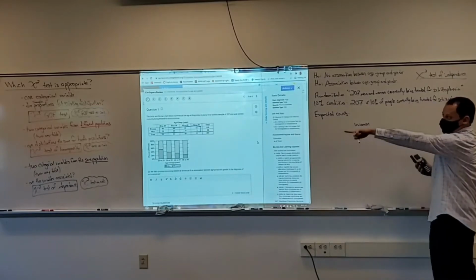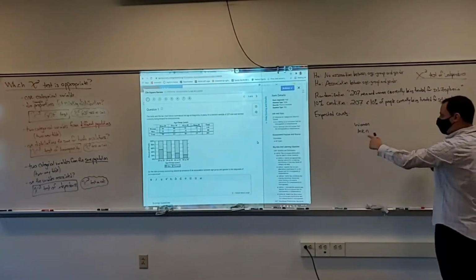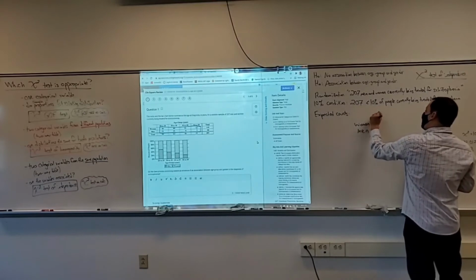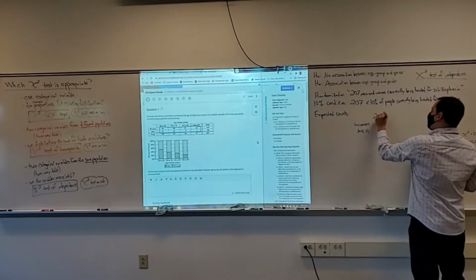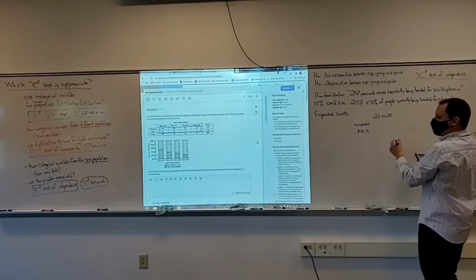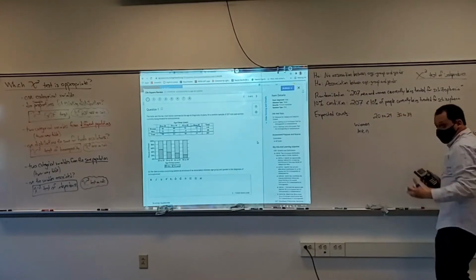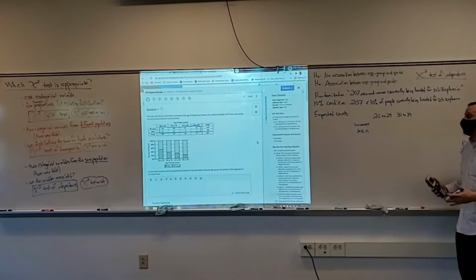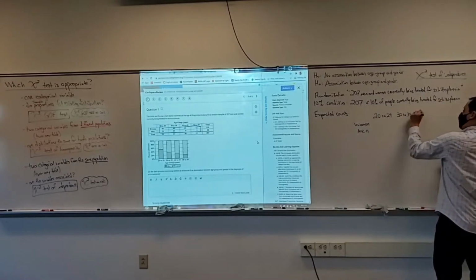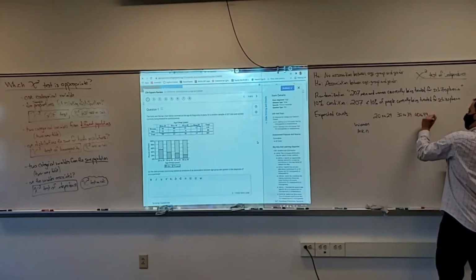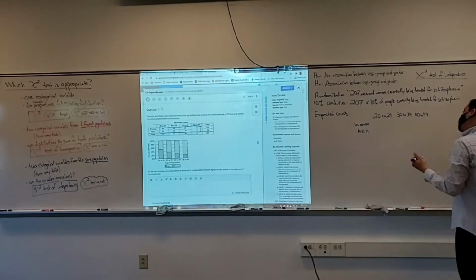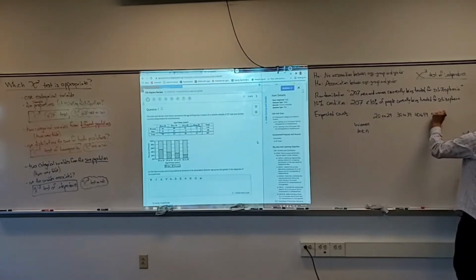So I'm going to remake this two-way table with the categories and then put the expected values where they go. It takes a little bit of time, but again, this is something that you will know how to do, and you should make sure you get full credit for it. If you just list the expected counts without labeling where they belong, you might get dinged for that.